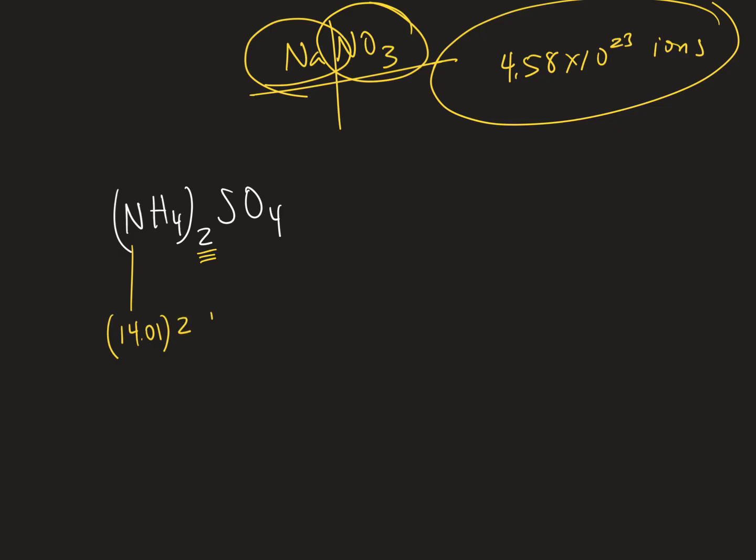Multiply that by 2, and we have hydrogen is 1.008. Multiply how many? 8. Y'all with me? Plus sulfur is 32.07, I think. I don't have that memorized. I just used it earlier today. Plus oxygen is 16 multiply 4. You get that, everybody? So you multiply that and you get 28.02.